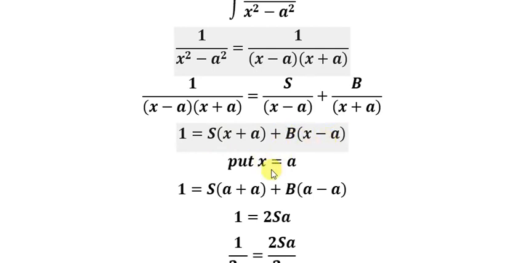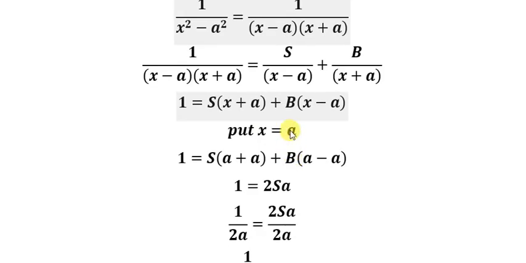We can decide to put x equal to a. At this level, we can decide to expand, but we want to use this approach, trying to eliminate one of these variables and deal with one before we take the other. So we put x equal to a; wherever we see x, we put a.